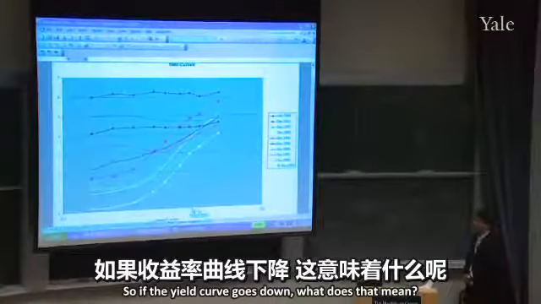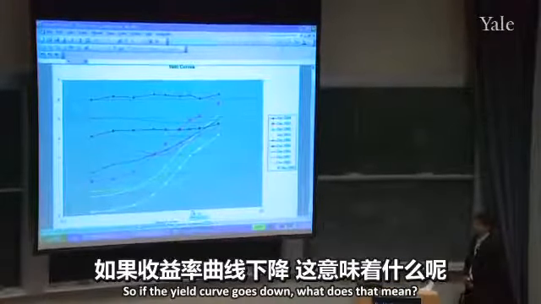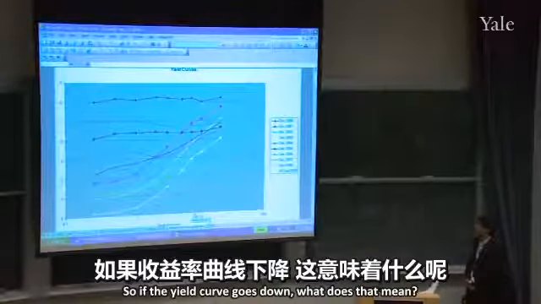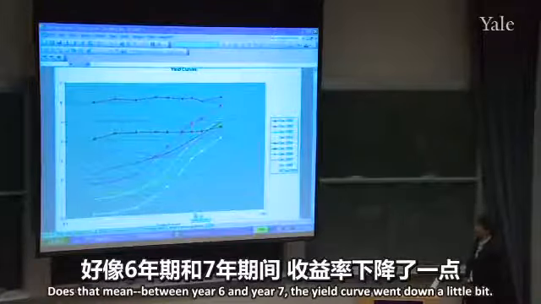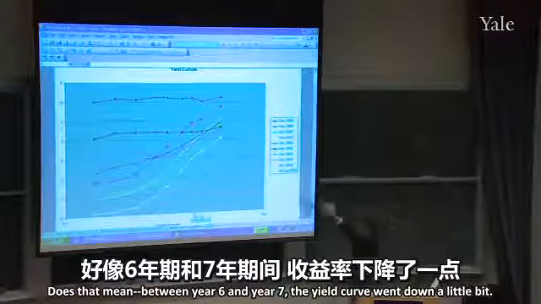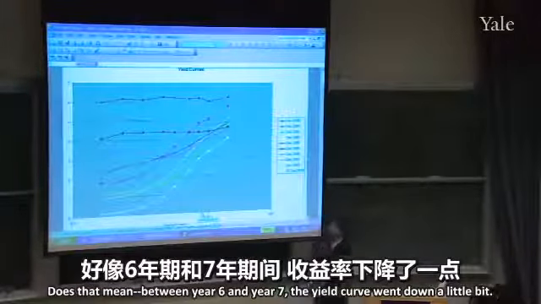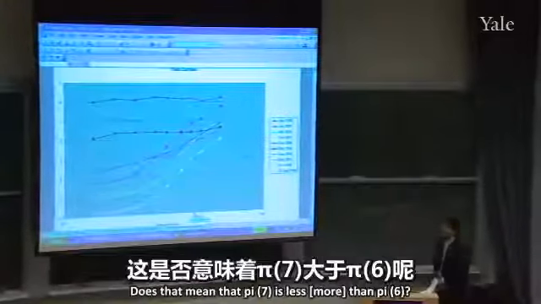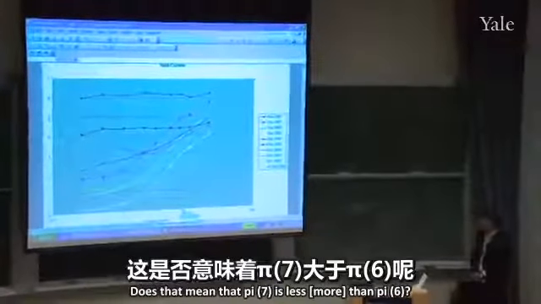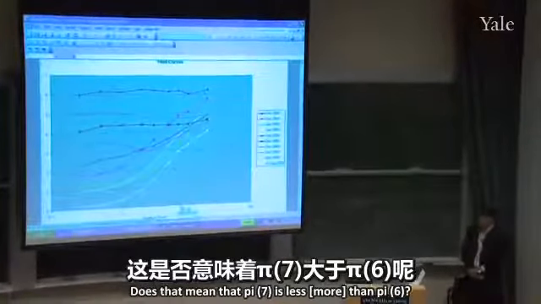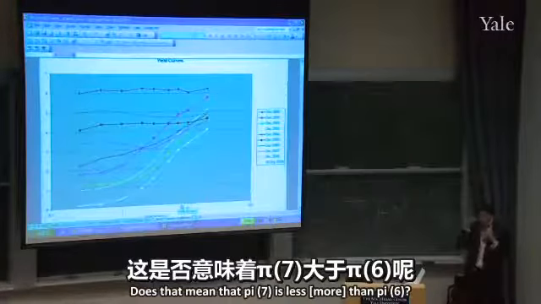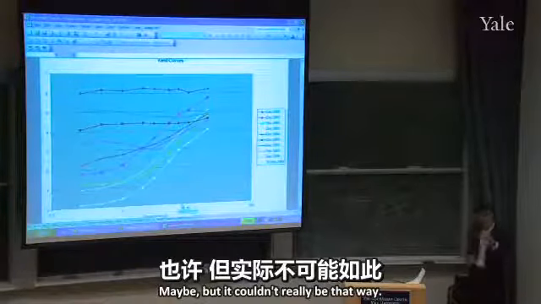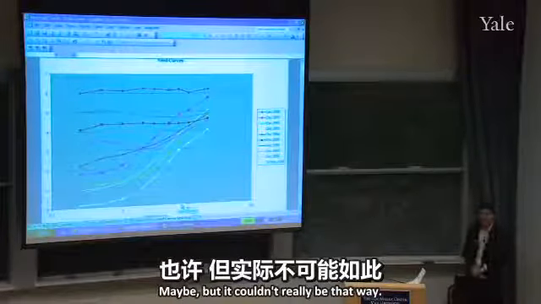If the yield curve goes down, what does that mean? Does that mean that between year 6 and year 7 the yield curve went down a little bit? Does that mean that pi 7 is less than pi 6? Maybe, but it couldn't really be that way.